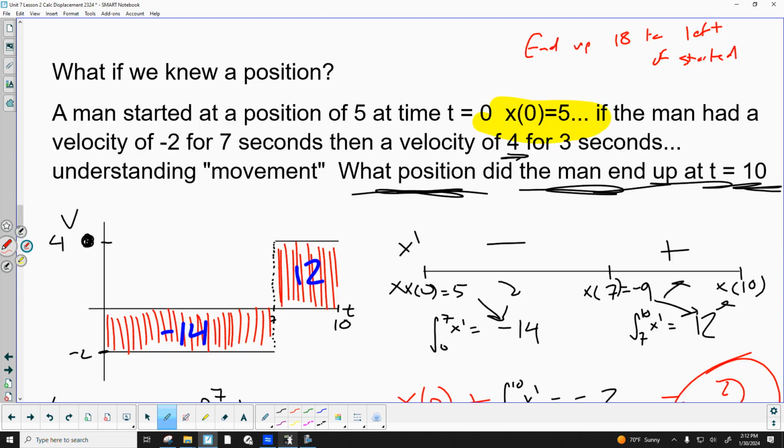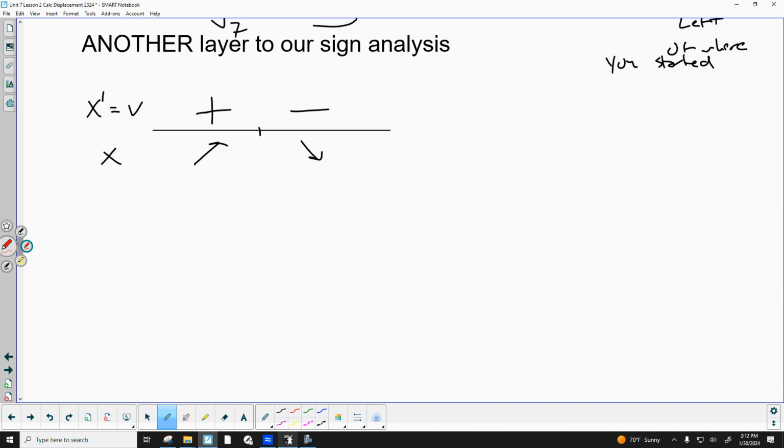So, the other layer to our sign analysis, if this is, say, 0, this is A, this is B. Sure, you can have accumulations from 0 to A, you get a number, but you have to be able to start with something. Whether you start with x of 0, whatever this number may be, add that number to get that next position.